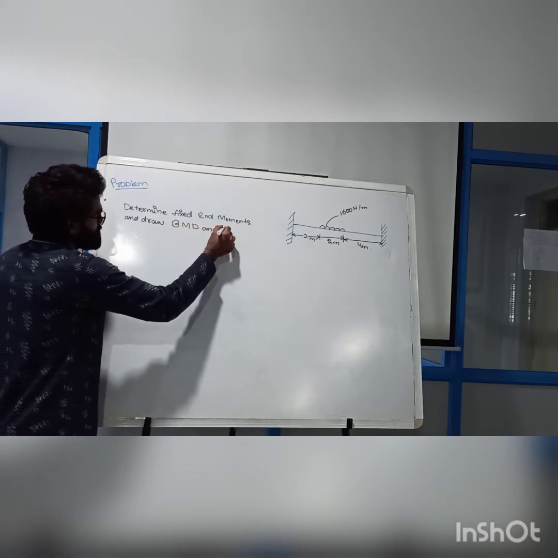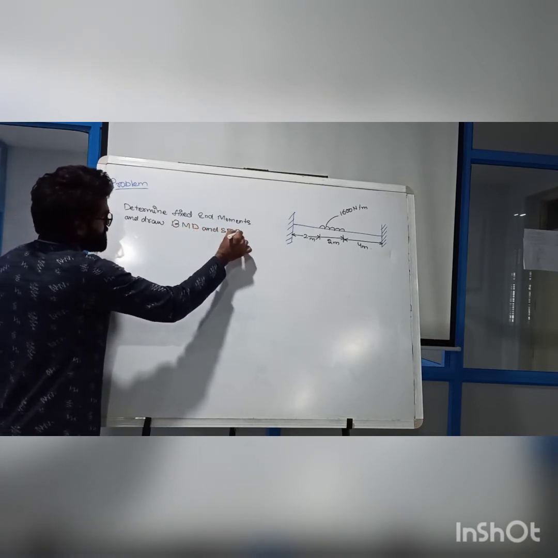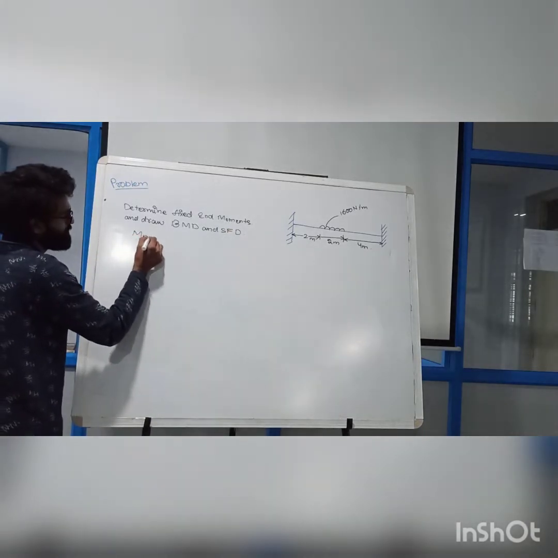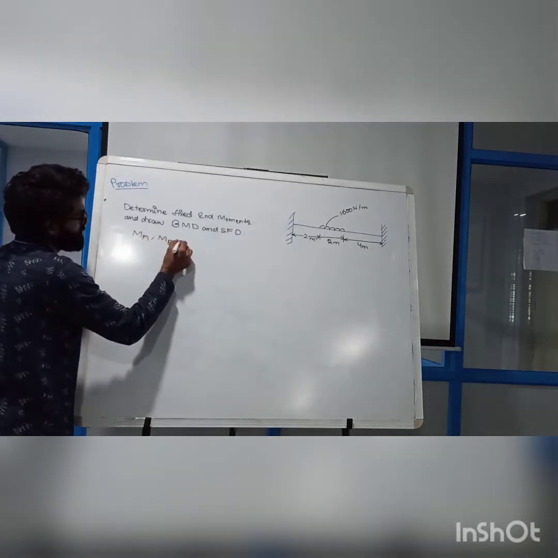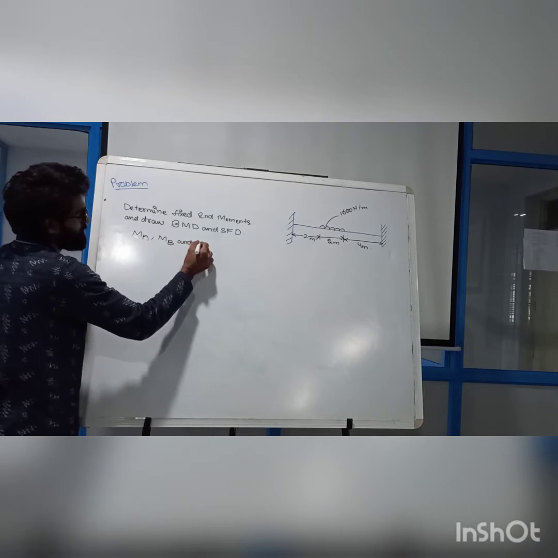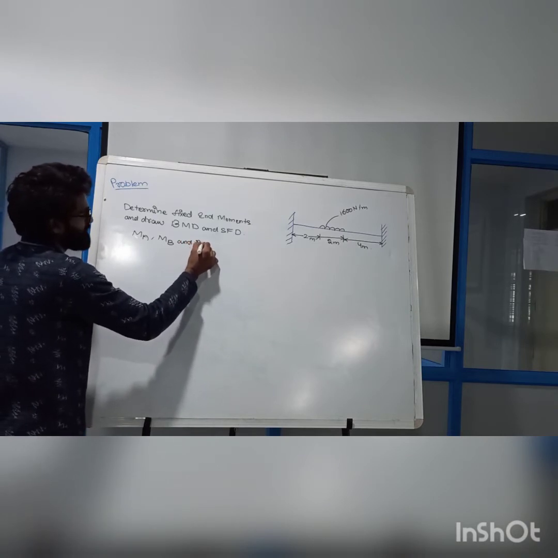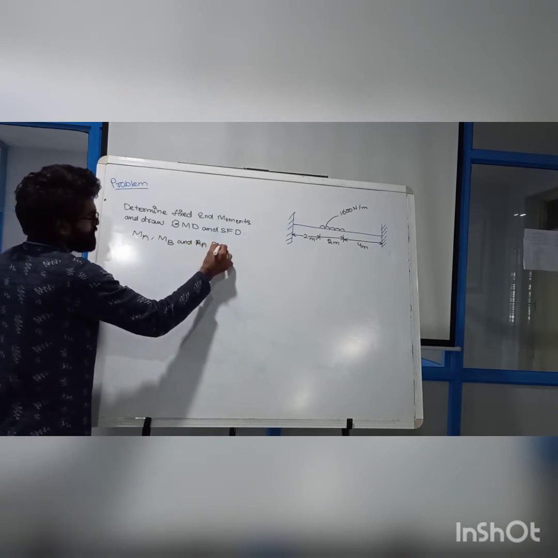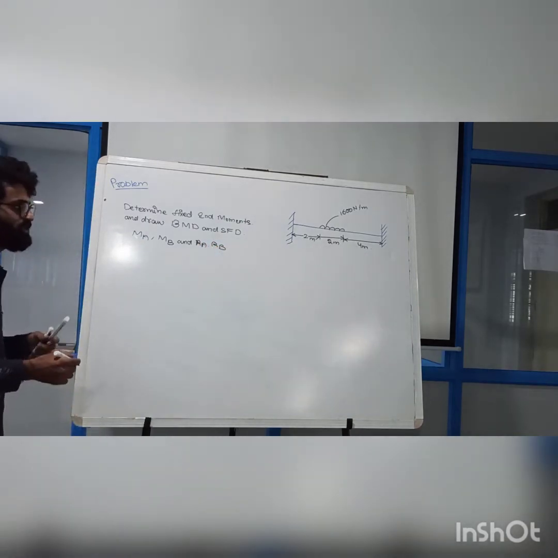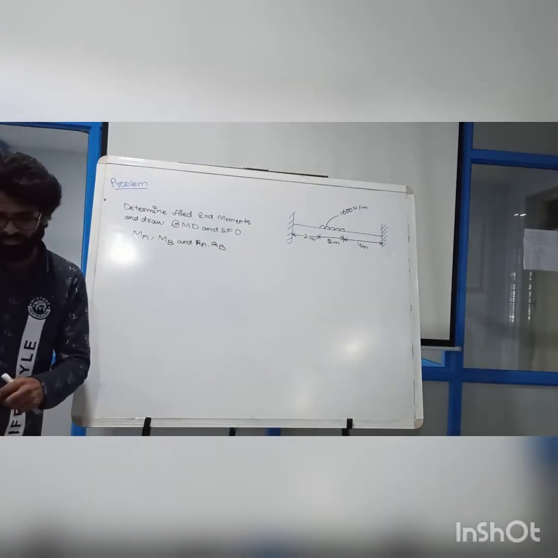So they asked me to calculate MA, MB and RA and RB. Obviously without RA and RB it is not possible, and to draw the BMD and SFD.